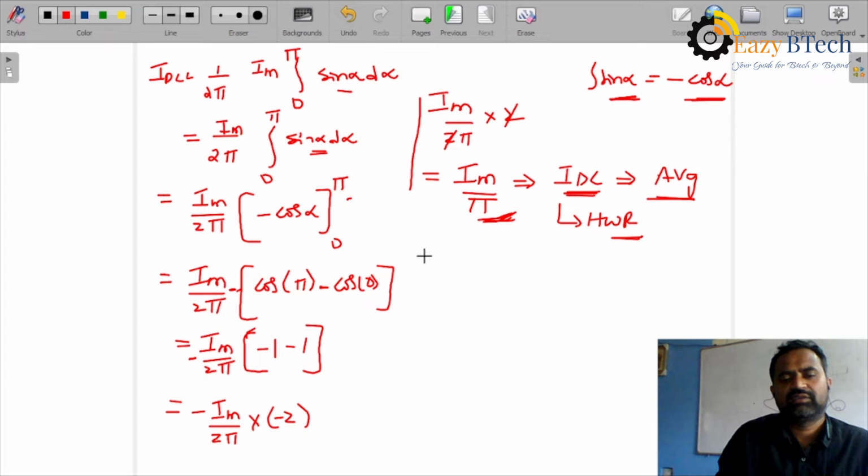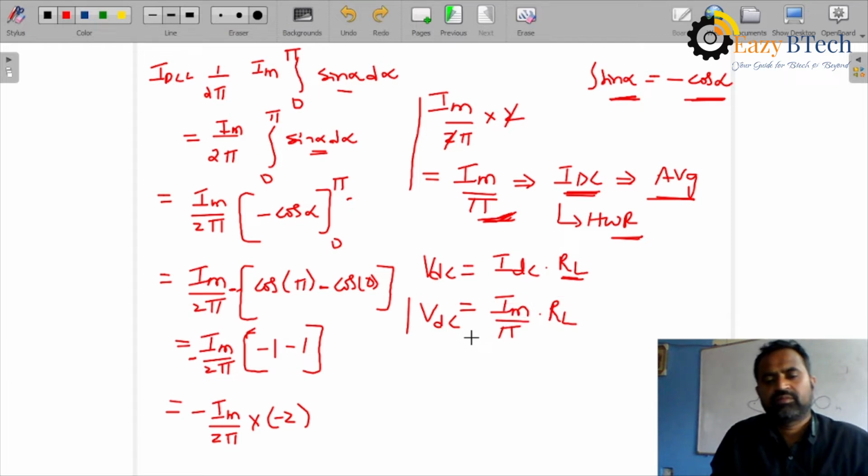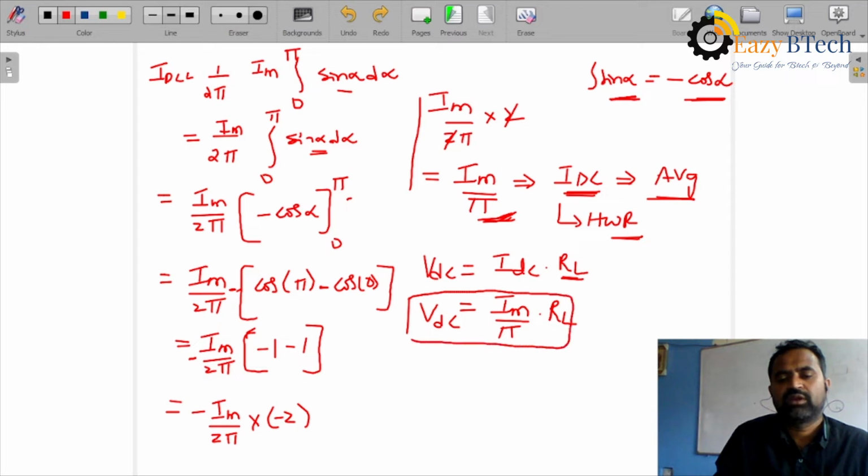Similarly, if you want to calculate VDC, VDC is equal to IDC into RL. IDC is Im by pi, so VDC is equal to Im by pi into RL.